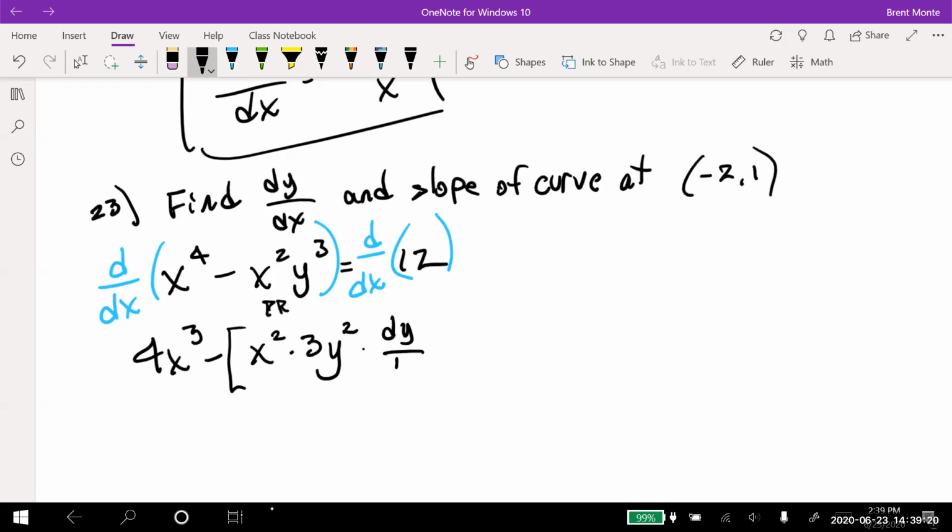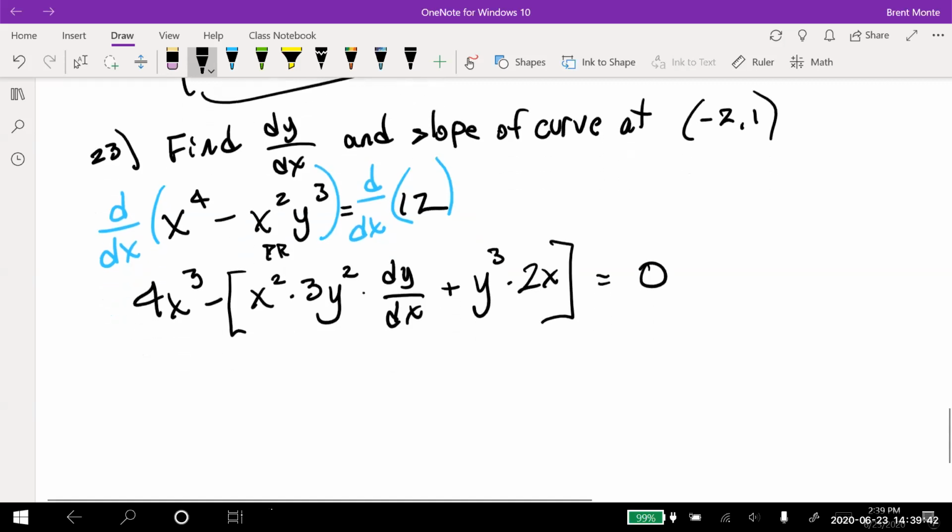Now, since I'm taking the derivative of y, that's why I have to attach that dy/dx. Plus the second, y cubed, times the derivative of the first. Well, the derivative of x squared is just 2x. But I'm putting that in brackets or parentheses because I want to remember to distribute the minus, and then equals 0.